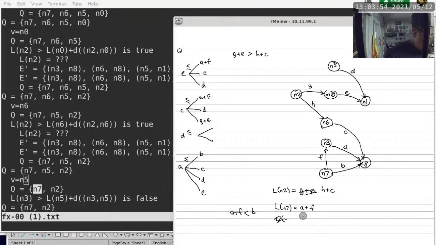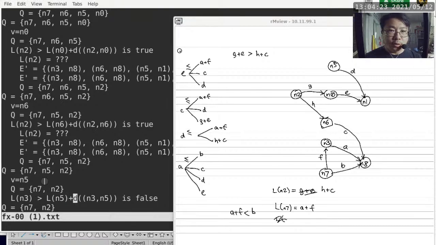So we know that D is less than A plus F, which is the L of N7, and it is also less than or equal to the L value of N2, and the L value of N2 is H plus C at this point. H plus C, okay? Because that is how we chose N5 in this particular while loop iteration.